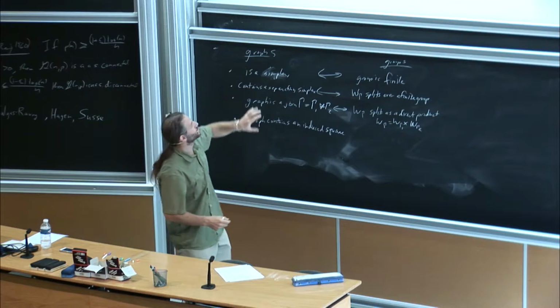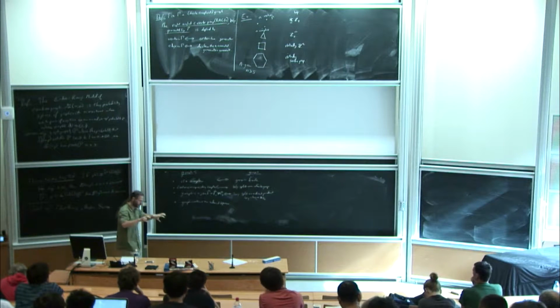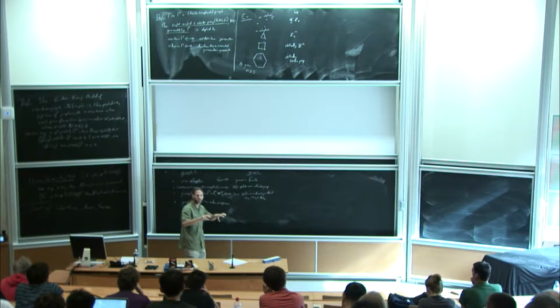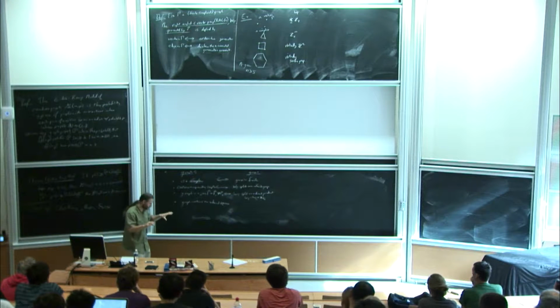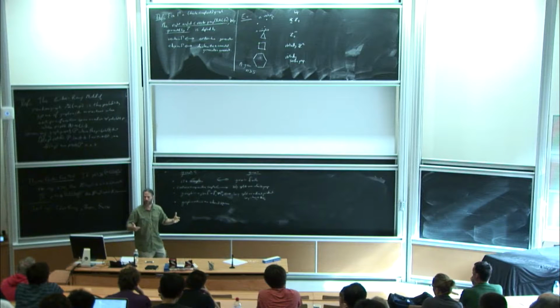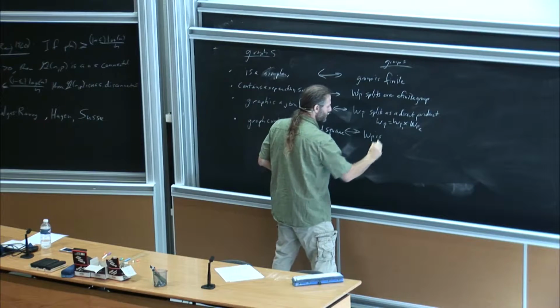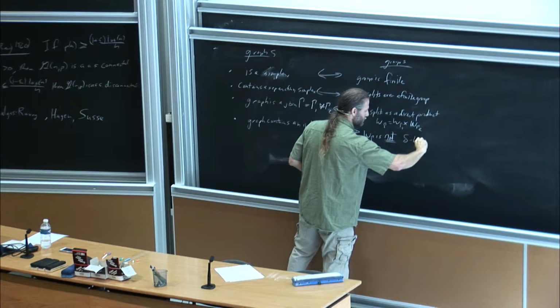So remember, a square, as I said up there, is a group that's virtually Z squared. So a square in the graph corresponds to the group containing a virtual Z squared. So that's obviously an obstruction to being a hyperbolic group. And the theorem of Moussong is that that's the only obstruction to being a hyperbolic group. So in fact, containing an induced square happens if and only if W gamma is not delta hyperbolic.